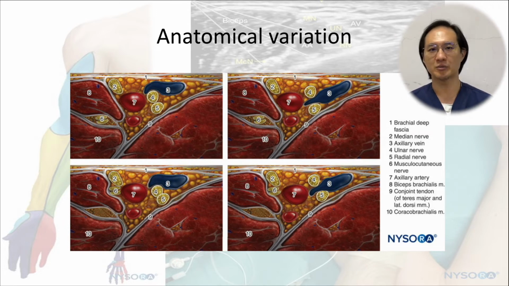However, despite all this variation, they are all located inside the same neurovascular bundle as the axillary artery. So as long as we infiltrate local anesthetic around the axillary artery, we should be able to achieve analgesia or anesthesia for all these nerves.